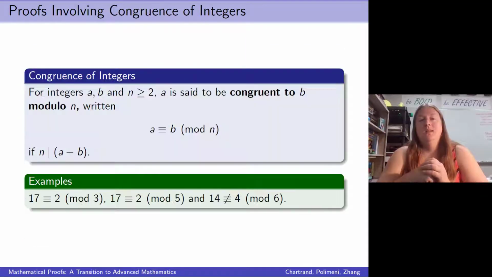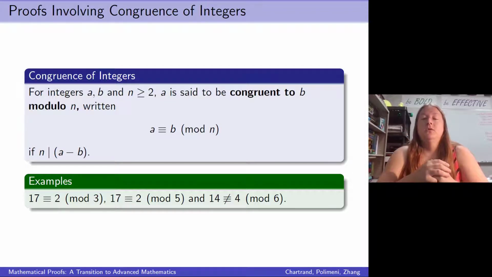All right. In addition to divisibility, we can think about congruence of integers. When we say that two integers are congruent, we say a is congruent to b modulo n, and we write this with that three-bar equal sign looking thing.